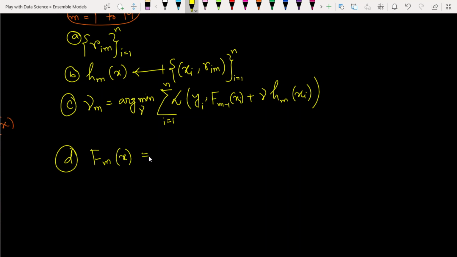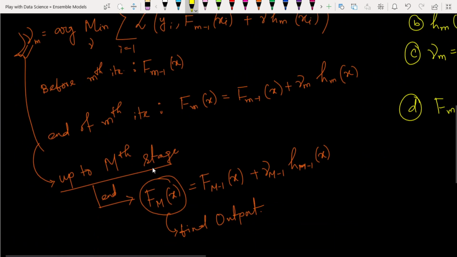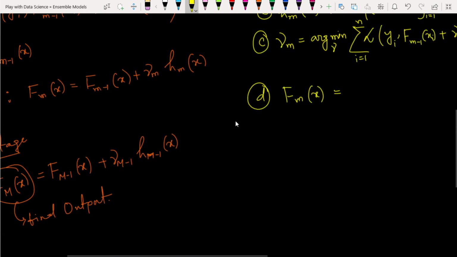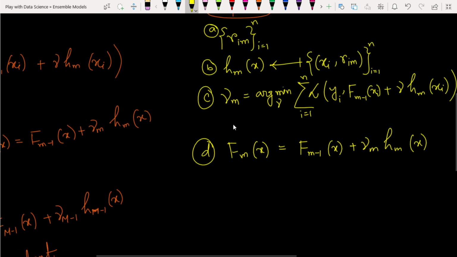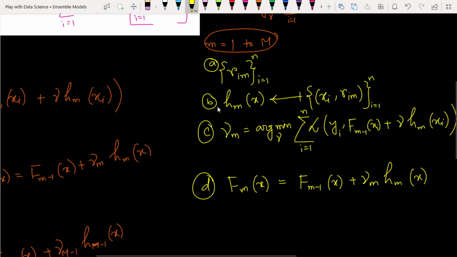And how will this f_m value be calculated? It will be calculated by this simple formula: f_m(x) equals f_(m-1)(x) plus gamma_m h_m(x). These four stages we have to do in the iterations.